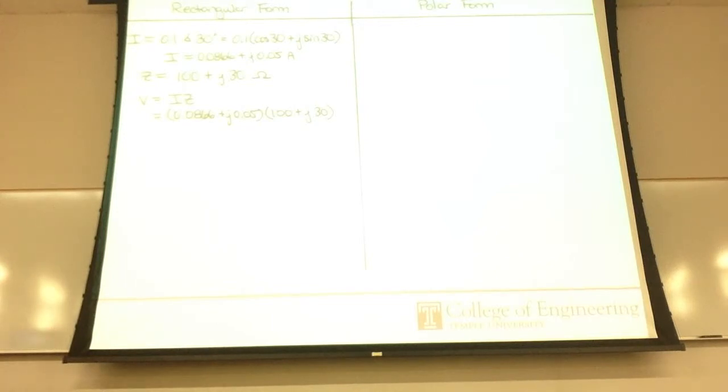Do you follow right now? What did I do? All I did was I replaced the value of the current, or I. You don't have to remember it as current, just simply I, and then the value of impedance as Z. So when I multiply these two complex numbers, what do you think the result will be? Real or complex?